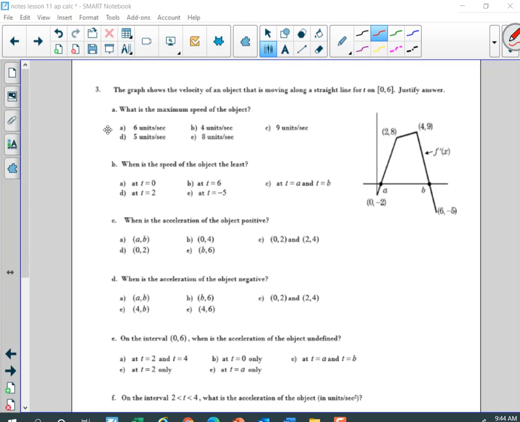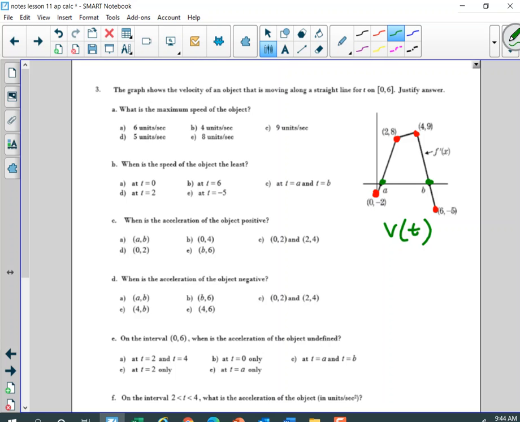Let's take a look at this graph. We have another velocity graph. We have a point here, and a point here, and a point here, and a point here, all labeled, and then we also have point A and point B on the x-axis. Question A is the maximum speed.